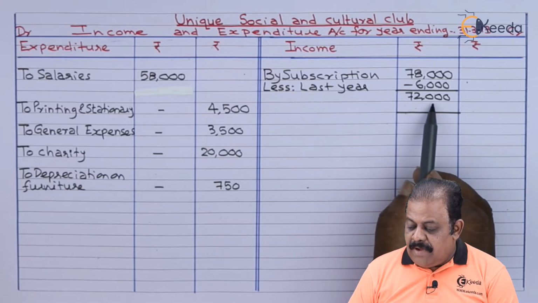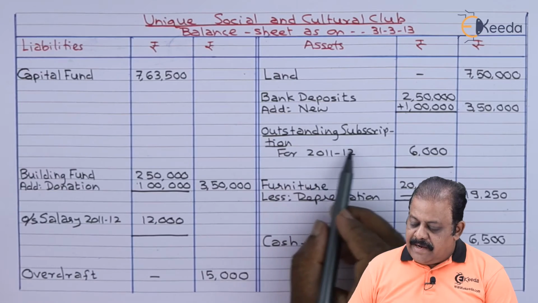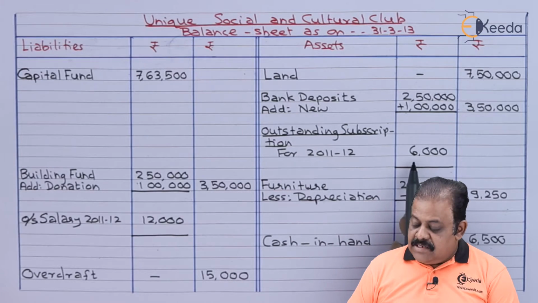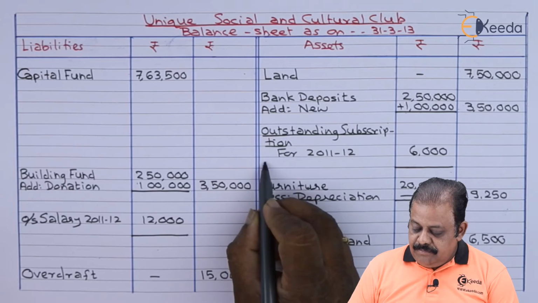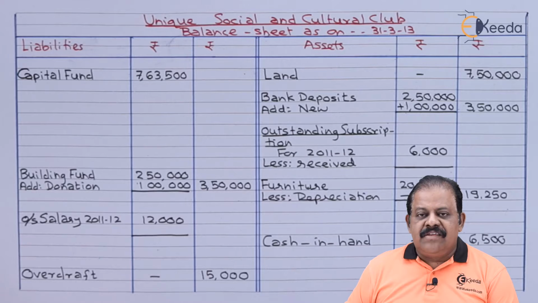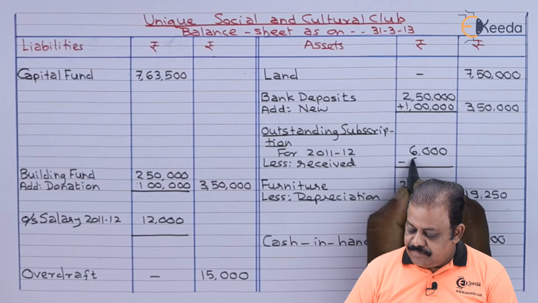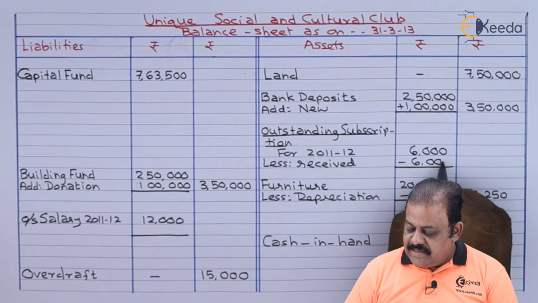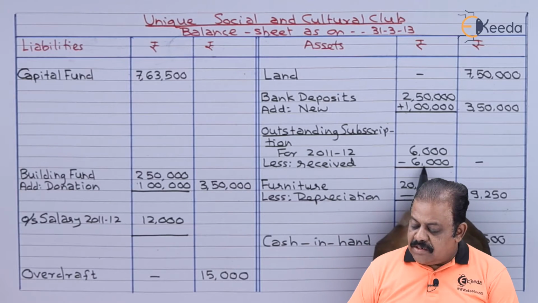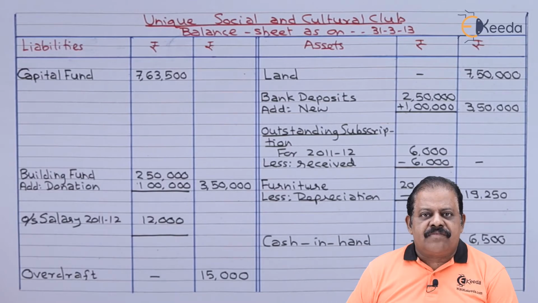So now the balance is 72,000. Here on the asset side we have recorded outstanding subscription of previous year receivable 6,000. It is received now, so it is deducted. Now this item will not reflect in the new balance sheet.